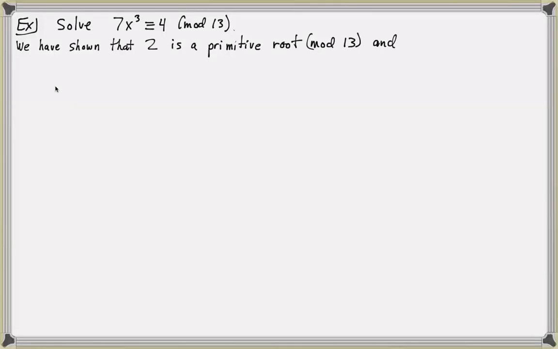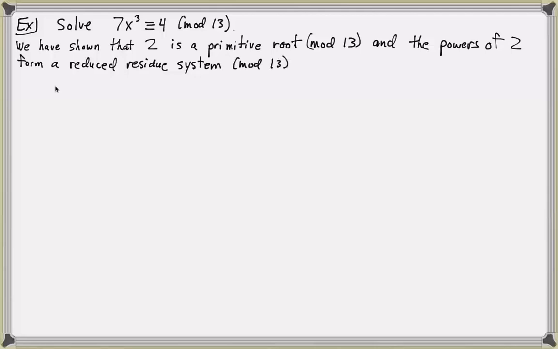And the powers of 2 form a reduced residue system mod 13. So let's look at the residues of powers of 2 mod 13 again.